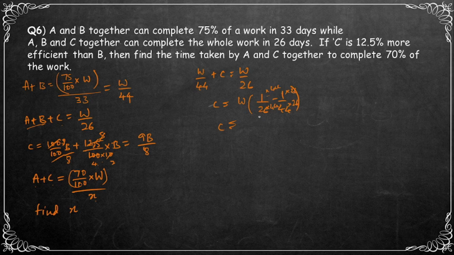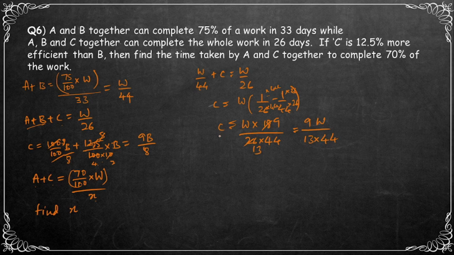So 44 minus 26, which is 40 minus 20 is 20, 4 minus 6 is minus 2, so 20 minus 2, 18, into 18 divided by 26 into 44. So 2 9s are 18, 2 13s are 26. No further simplification, let us leave it like that. We don't need to multiply and all of that.